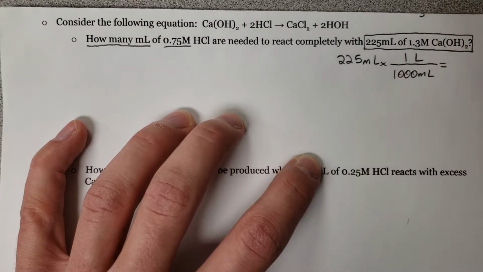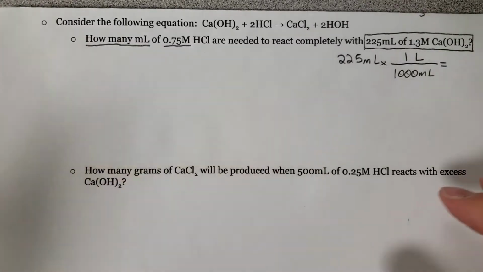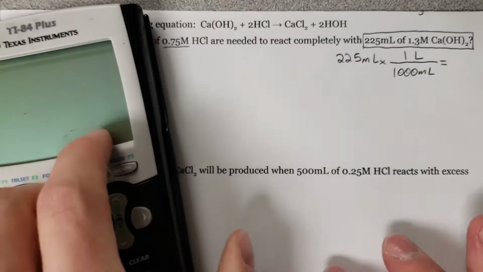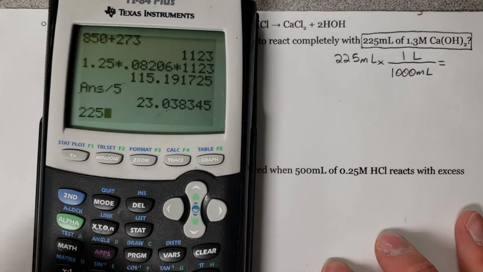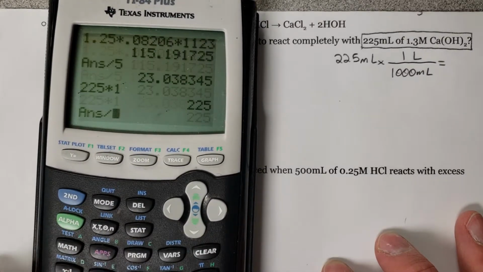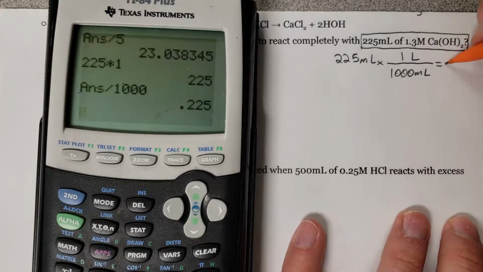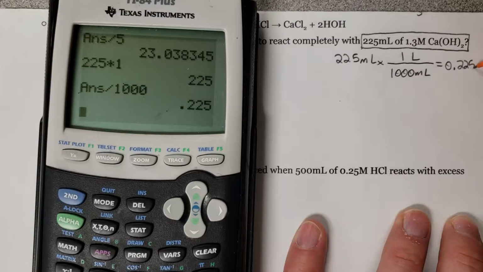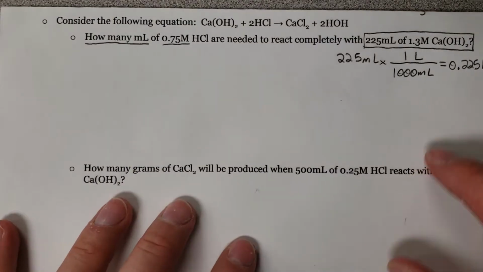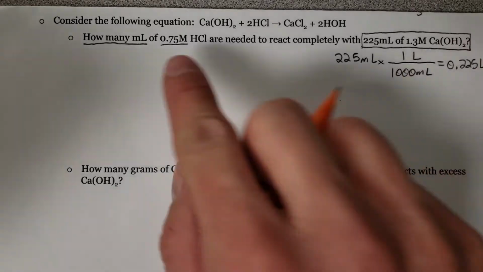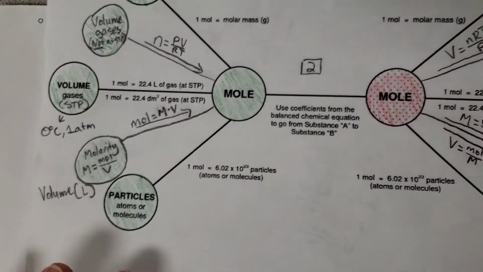So we dial that into our calculator: 225 times 1 divided by 1,000 gives us 0.225 liters. Now we know where we're going to start and where we're going to end, so let's map it out.